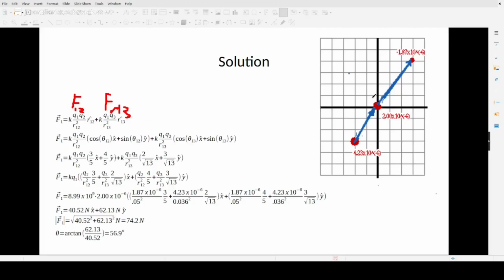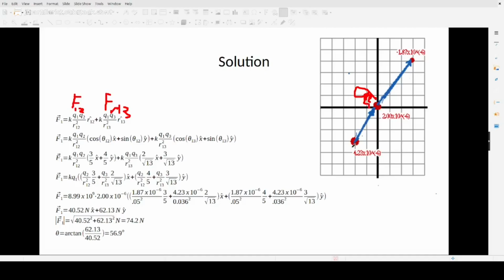Let's look at the drawing here. Here's Q1 at the origin, terrible drawing. That's the charge we're looking to find the force on. Notice this is a positive charge, this is a negative charge.